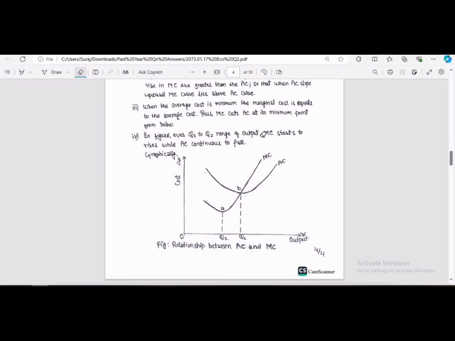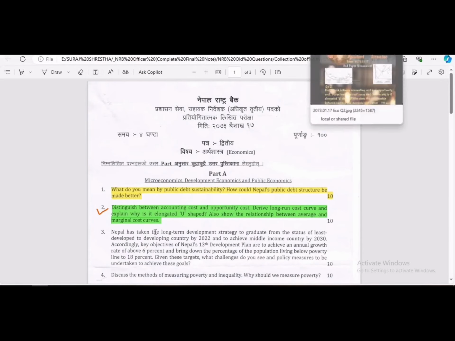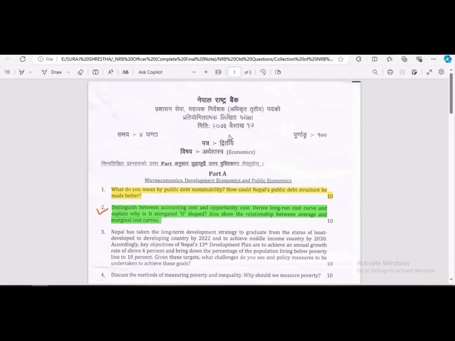This is all we have covered about the question of 2073 Baisakh 17, question number 2.